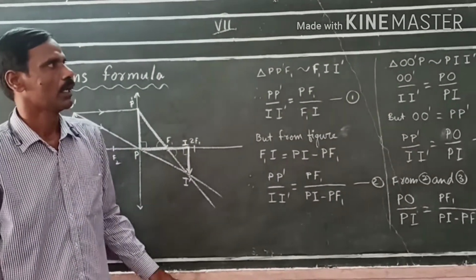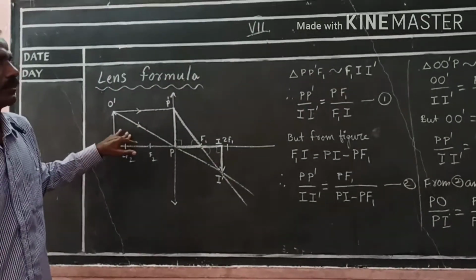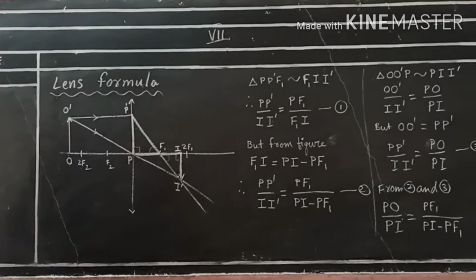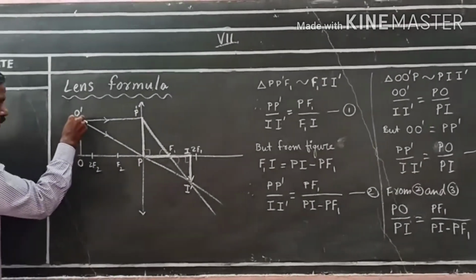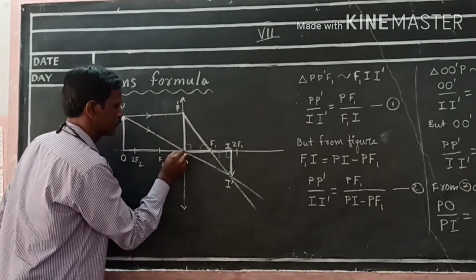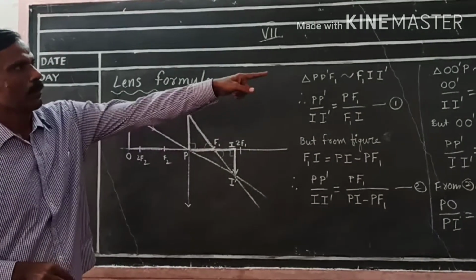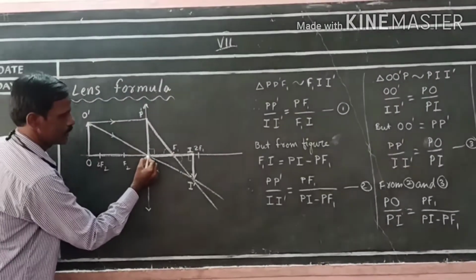Now two more triangles are similar in this diagram: triangle O'PP' is similar to triangle PII'.